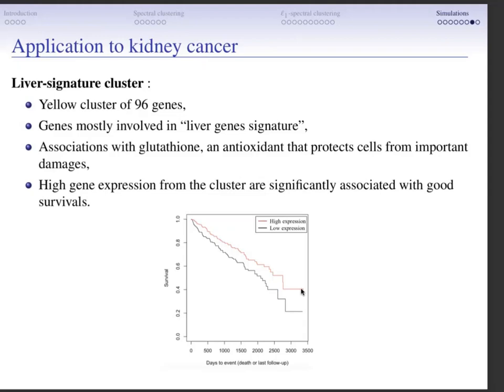Of course we need to talk with the biologists to see whether it's interesting or whether they know these genes in the clusters, but it's very interesting to know that you can use this kind of algorithm to find some new things on cancer.